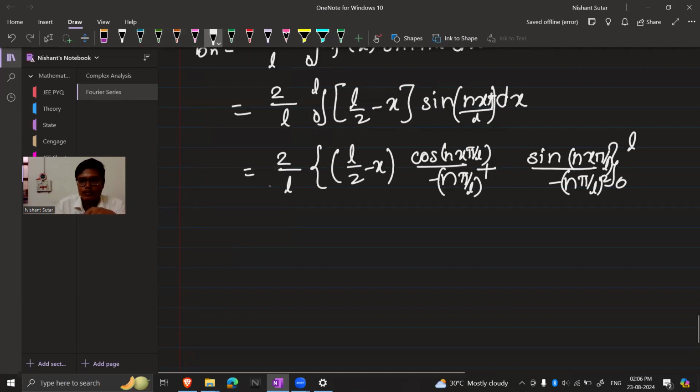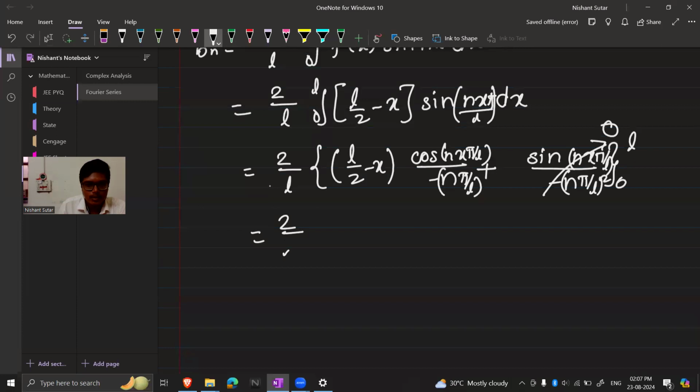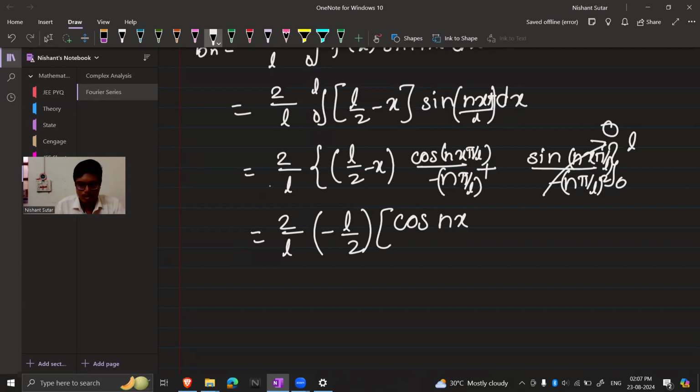Now putting the values, observe that again we have the same advantage for sine, so that term will be 0. So it will be 2 upon L, L by 2 minus L is minus L by 2. If I put the value L, it will be cos of n pi into L upon n pi with this negative sign, so this will be plus.